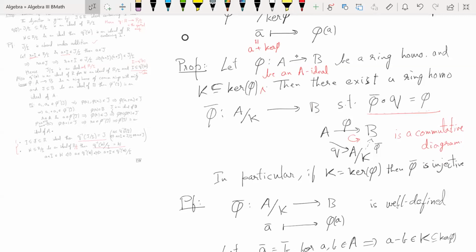If we are given two different representatives, we have to show that the definition leads to the same target. Remember, this A bar means A plus K. I'm using this shorthand A bar, but I'm adding this so that there is little confusion.